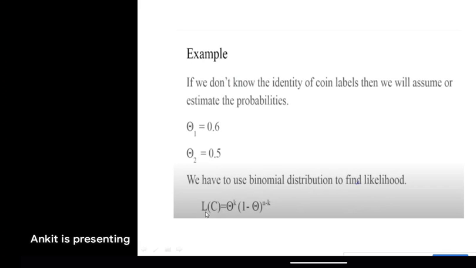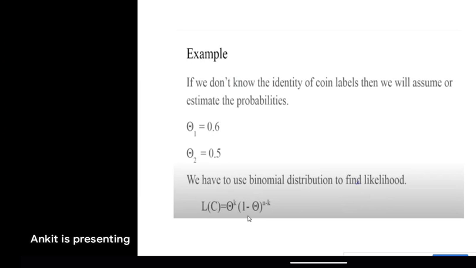L stands for the likelihood of a point. The likelihood of a point is equal to theta to the power k into 1 minus theta raised to the power n minus k, where k is the number of heads and n is the number of flips.